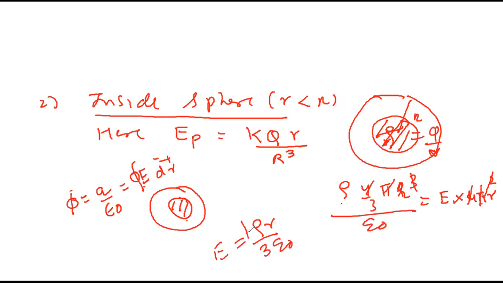Yes, sir. अभी रो को मुझे क्यू में लिखना है. Q by V. हाँ, तो it is nothing but Q. V is what? 4 by 3 pi capital R cube into r upon epsilon naught.